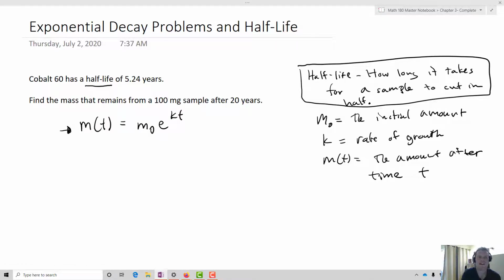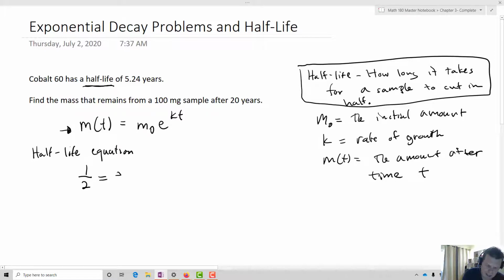So let's find the mass that remains from a 100 milligram sample after 20 years. I'm going to first start out with the half-life equation in order to solve for my rate of growth. The half-life equation doesn't depend upon the initial amount. So 1/2 of the sample will equal e to the k times whatever the half-life is, in this case 5.24.